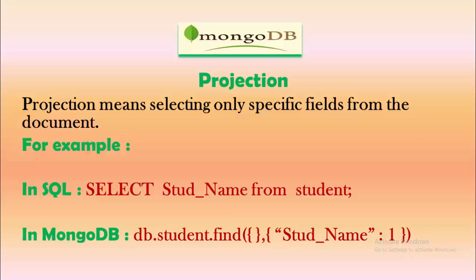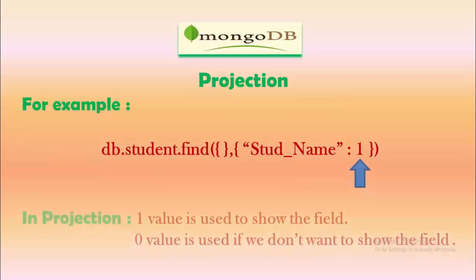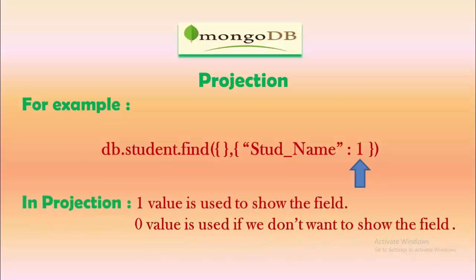So suppose we want to show the student name, we'll give it the value as 1. Now what is this 1 implying over here? In projection, 1 value is used to show the field and 0 value is used if we don't want to show the field.